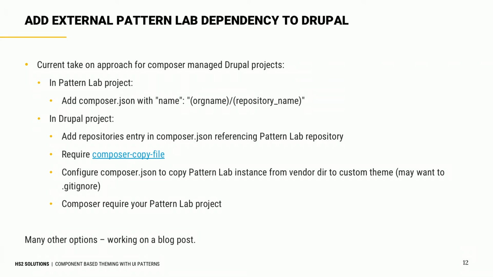And then another thing that I do in this particular workflow is require a composer copy file. We'll get to that in a second. But then you can require your pattern library in the composer file at the root of your project, so it gets in the vendor directory with all of your other dependencies.